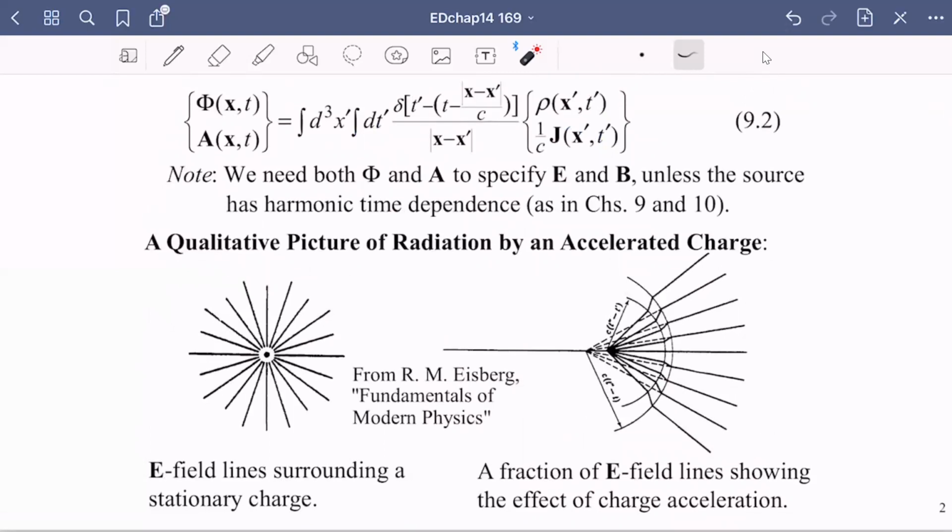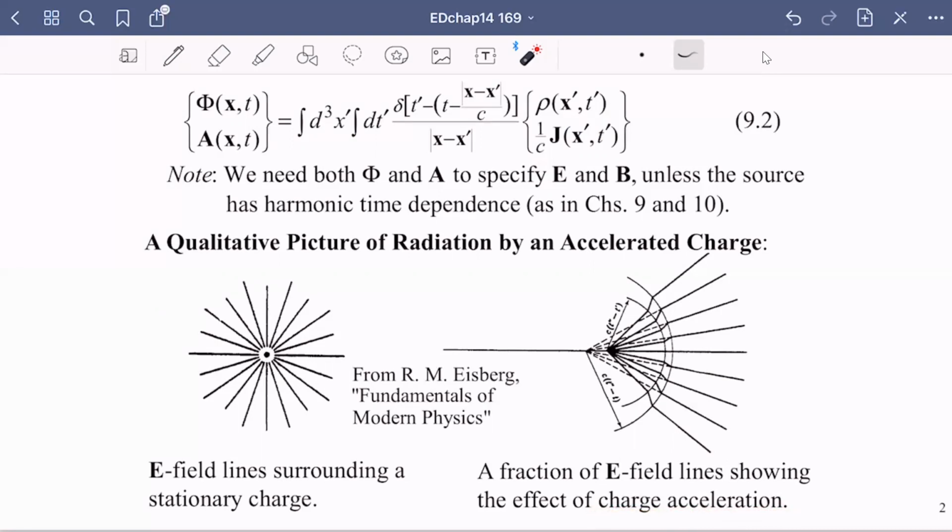So initially, E field line surrounding a stationary charge, stationary, fixed in a space, and then the charge is accelerated suddenly. A fraction of E field, this part of E field lines, showing the effect of charge acceleration. Charge acceleration. Okay, that means the charge particle is accelerated.